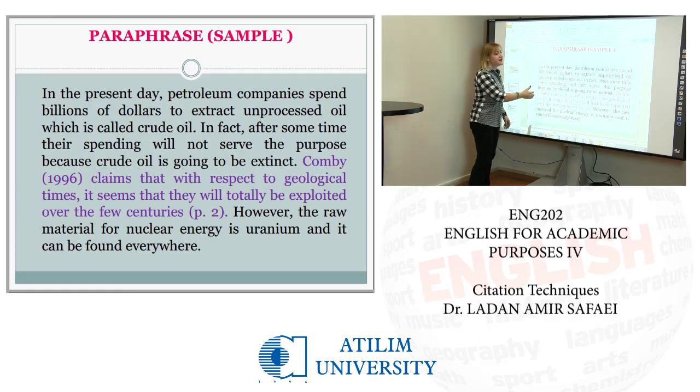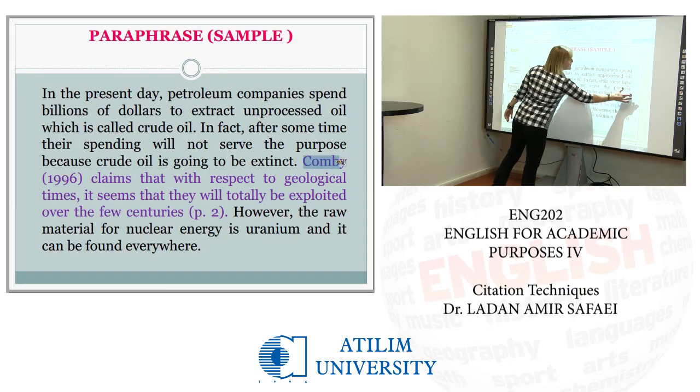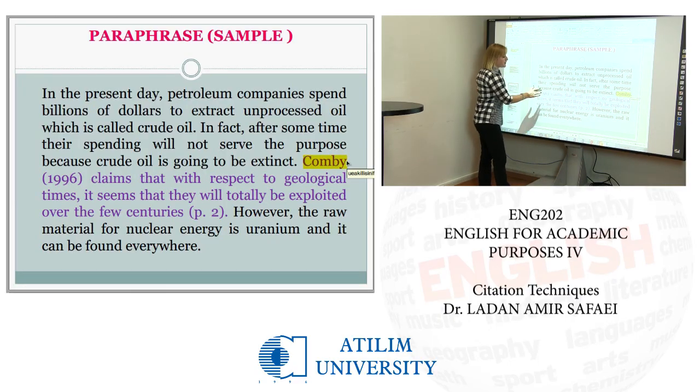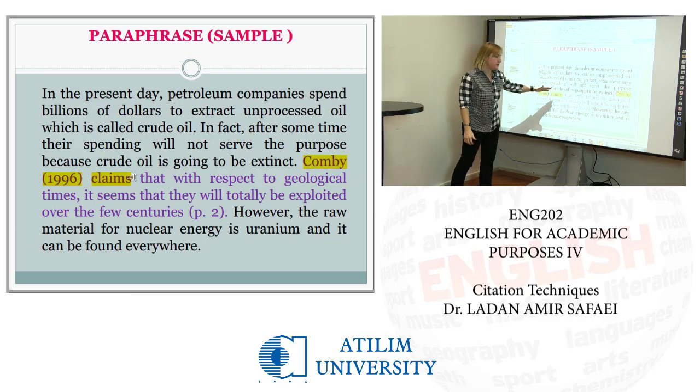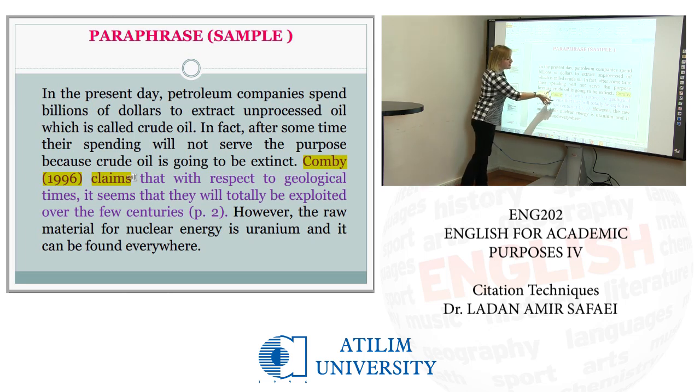As you can see in the example, it starts with the last name of the author. We have the year over here. We have the related verb to show that it is a piece of paraphrase. It starts from here until the page number. And we can easily understand that this piece of information belongs to the original author of that text, and the other part belongs to you.